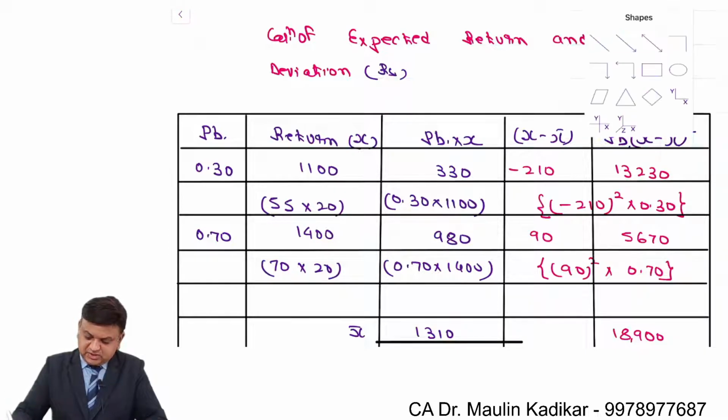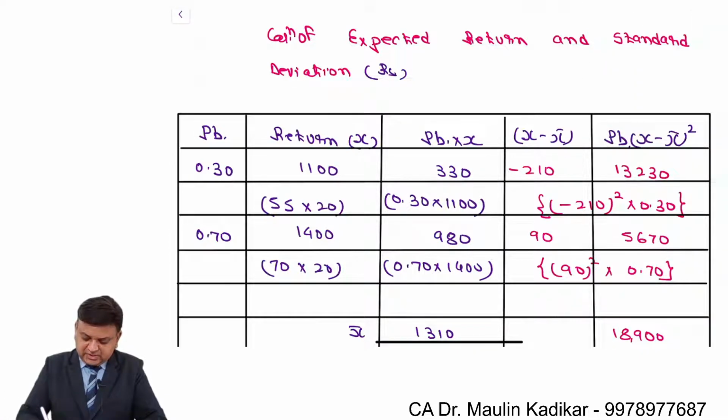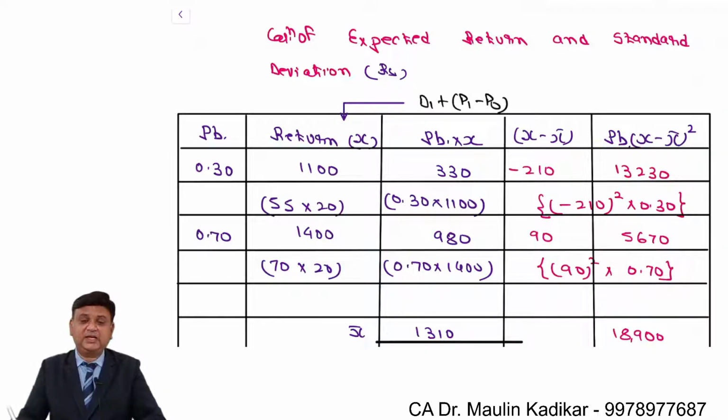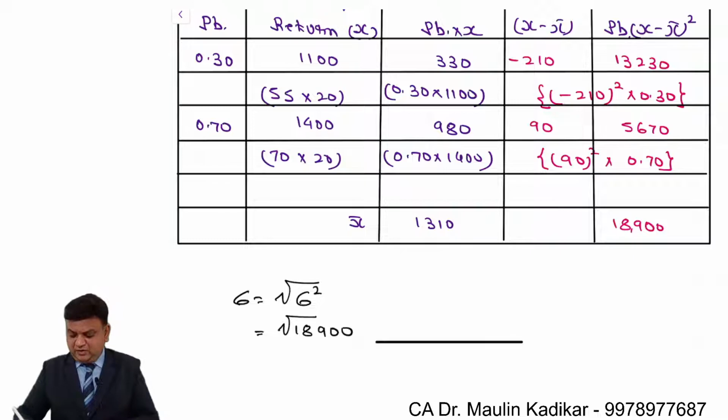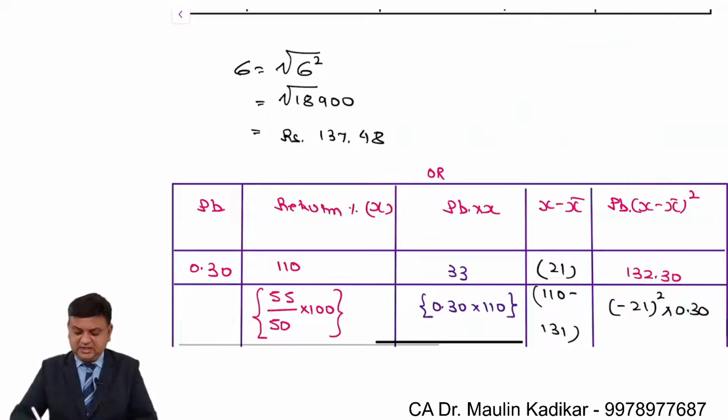So this return information is provided to us as D1 plus P1 minus P0. That is directly provided to us in the example. So taking into account the number of shares and the return, we have made the computation of expected return, variance and standard deviation of the same.